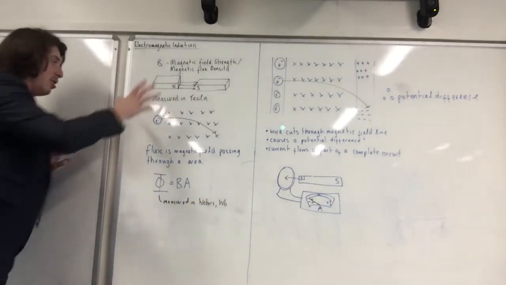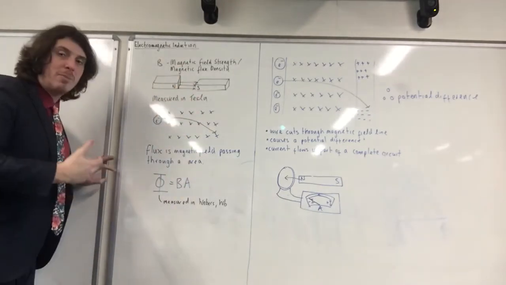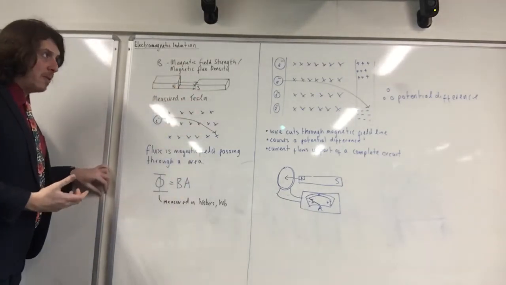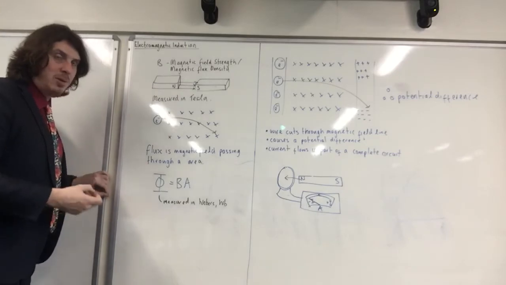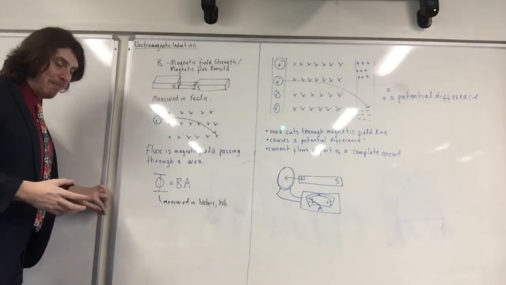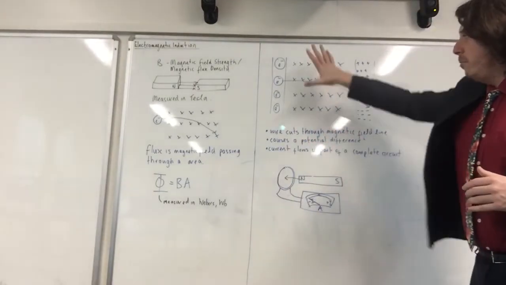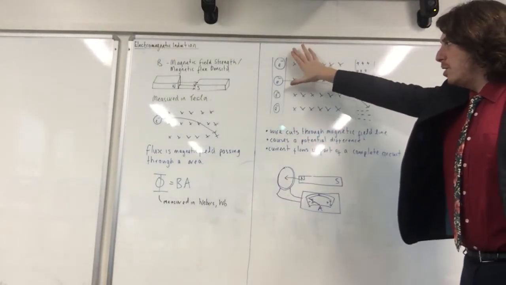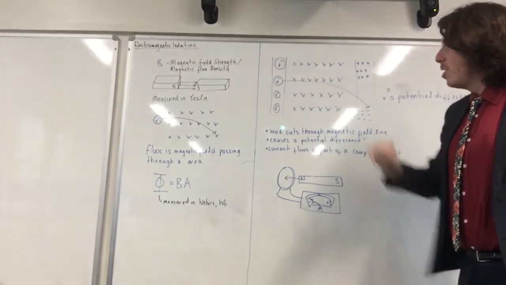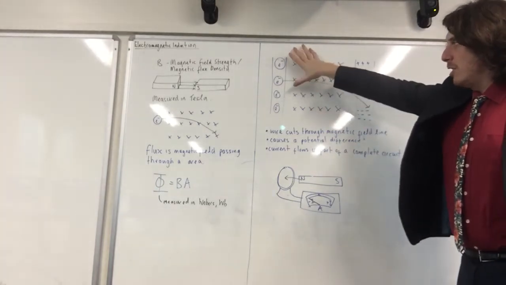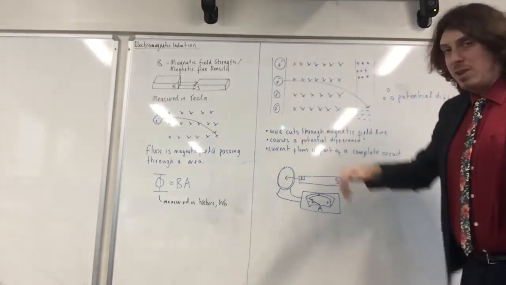Right, now these concepts are important for when we're talking about electromagnetic induction, so that's inducing a potential difference across a wire. Let's have a look at this over here. Here I've got a wire, which is not part of a complete circuit. However, we know that metals have delocalized electrons contained within them.